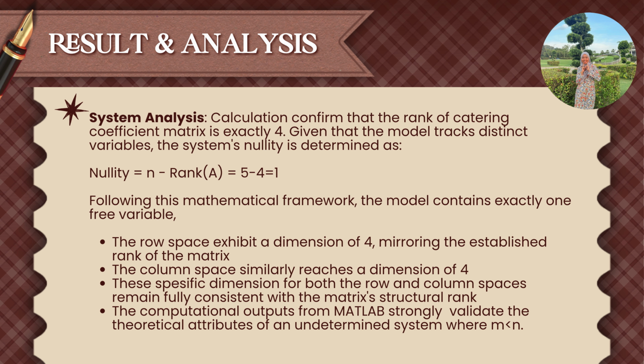Next, results and analysis. For system analysis, the calculation confirmed that the rank of the catering coefficient matrix is exactly 4, given that the model tracks distinct variables. The system nullity is determined as nullity equals n minus rank A, equals 5 minus 4, equals 1. Following this mathematical framework, the model contains exactly one free variable.